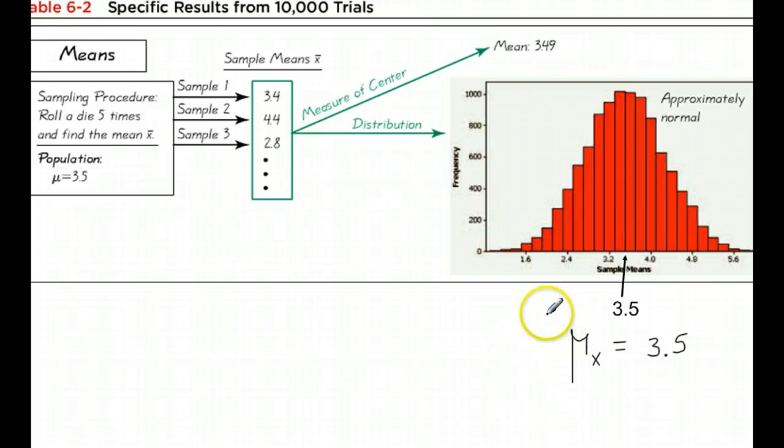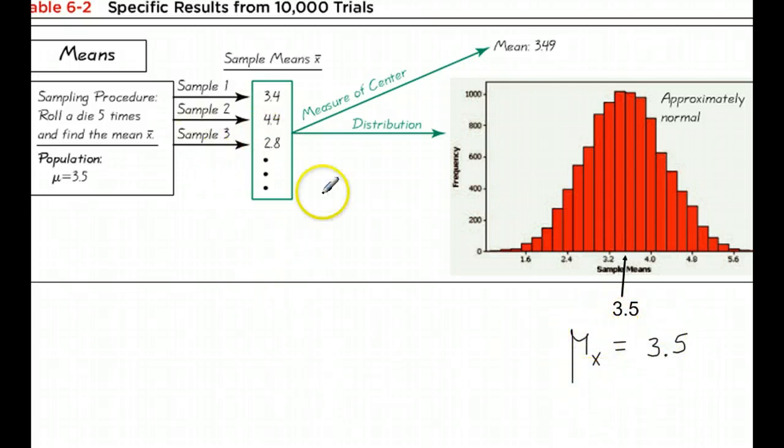So the distribution of the sample means is approximately normal, and there's going to be a magic number we'll find out about in 6.5 that lets us know what our sample size needs to be to kind of guarantee we have this bell-shaped curve, even if we didn't start with a normal distribution. We really didn't here. We started with a uniform distribution. Everything had a probability of 1/6. Now we're having a bell-shaped curve, and notice what's in the middle of that bell-shaped curve. The mean of the population.